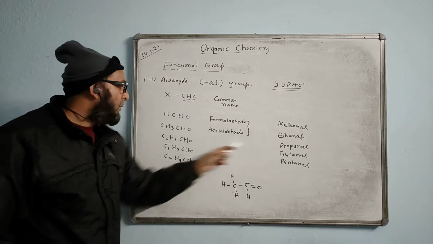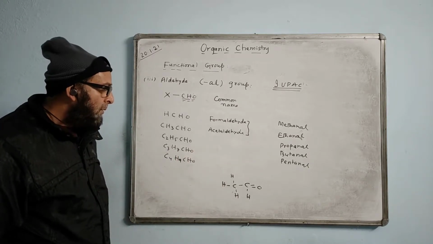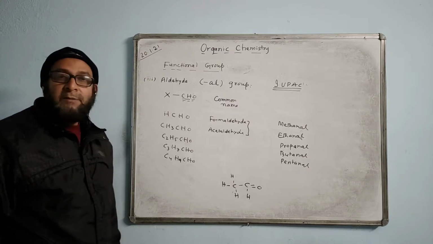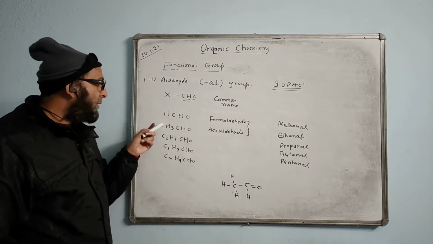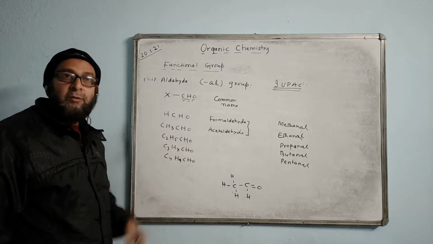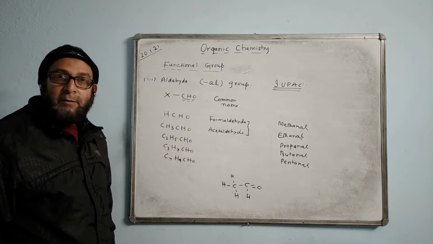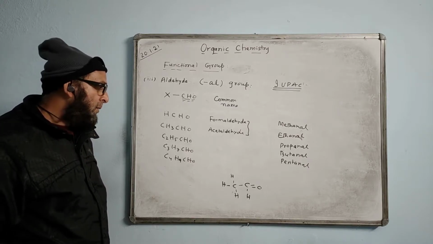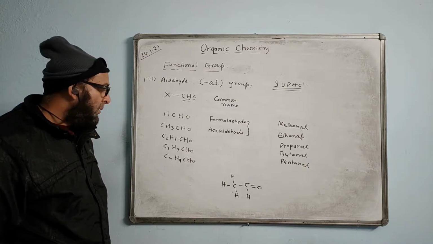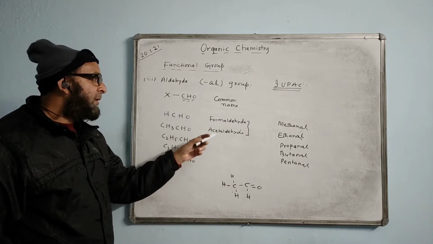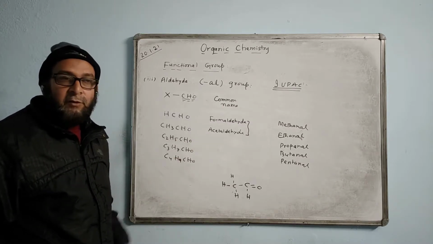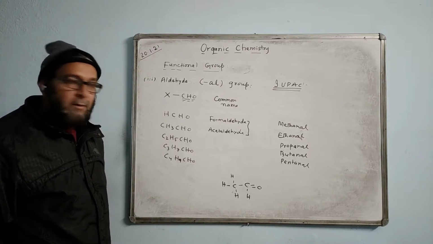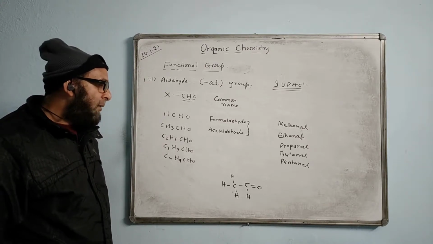C2H5CHO, propanal. You add on here. In the previous member you add CH2, you get a new member. You know the method of getting a new member. Where is the member? Acetaldehyde. After the formula you add to acetaldehyde. When you write CH3 at the back. Propanal, how? Tell me.